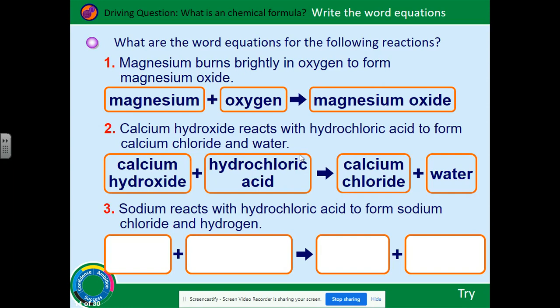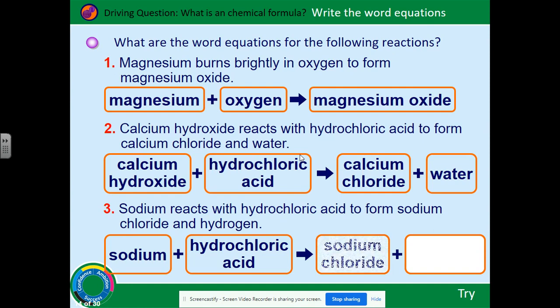So that will make sodium and hydrochloric acid the reactants. Therefore, sodium chloride and hydrogen would be the products. Awesome. And again, remember that the arrow means that these reactions are not reversible. We cannot reverse these chemical reactions.